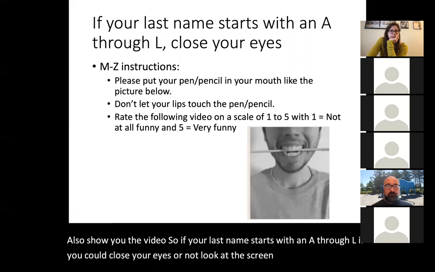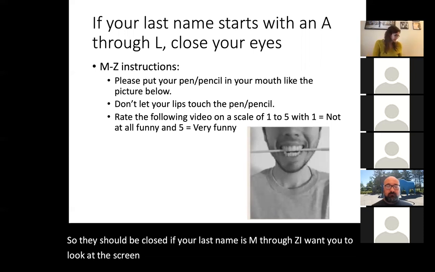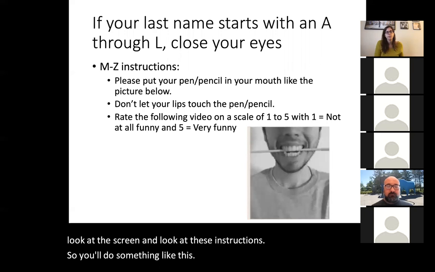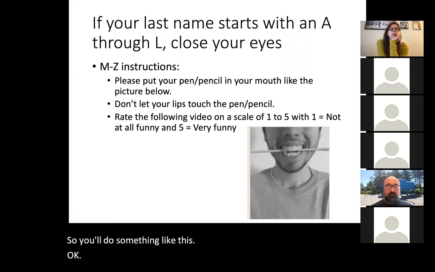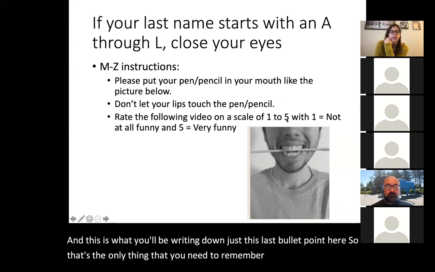Okay, so they should be closed. If your last name is M through Z, look at these instructions. Take a moment to read that. This last bullet point is what you'll be writing down. That's the only thing you need to remember to write down, a number.